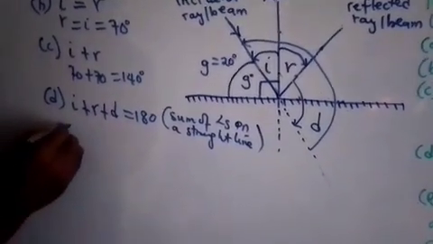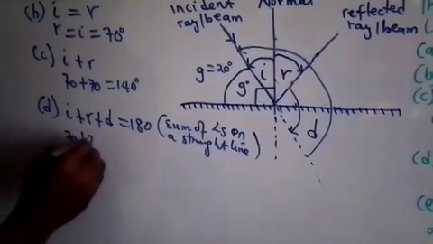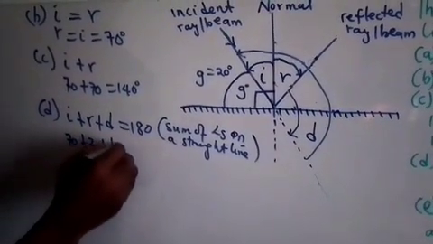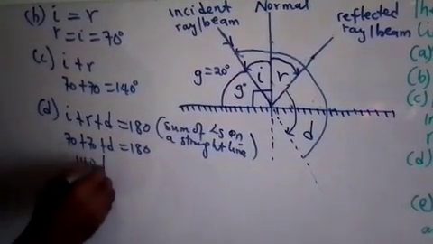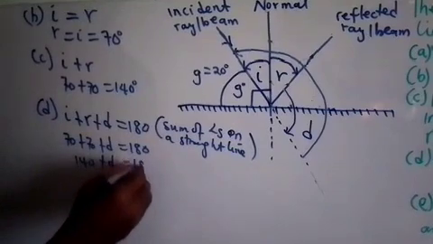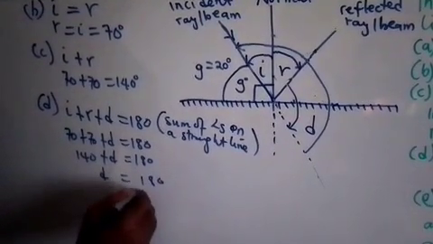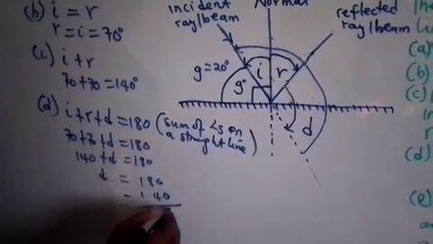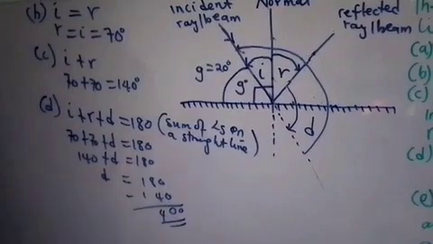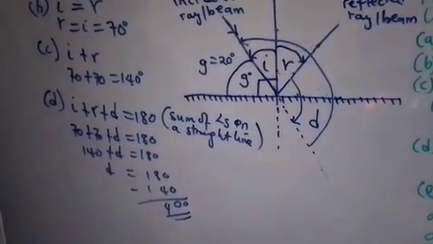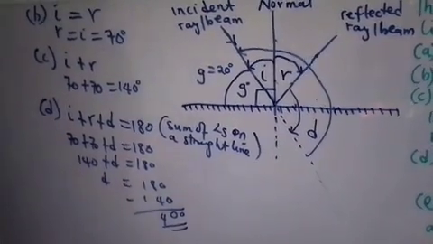So what is our angle of incidence? 70. What is our angle of reflection? 70. Plus our angle of deviation, we do not know, equals 180. So this is 140 plus angle of deviation equals 180. Angle of deviation is 180 minus 140. This is 40 degrees, and that is the angle. This is how much the incident ray got deviated from its path.